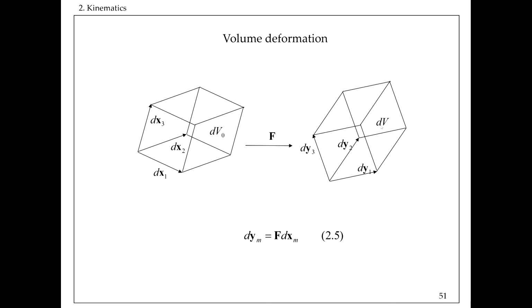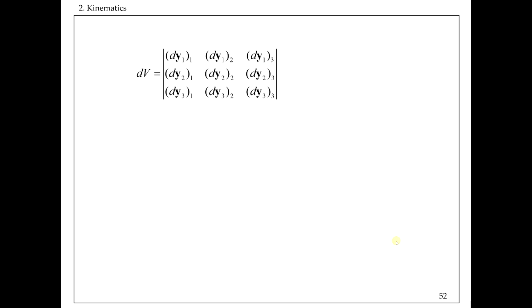To calculate the volume dV, one of the ways is just to write a certain matrix and calculate the determinant of that, right? So that is based on these vectors dy1, dy2, and dy3, right? And this is the determinant of the components of the matrix.